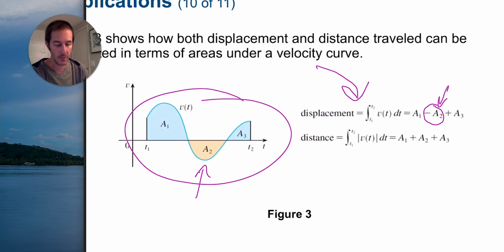But because it's below the x-axis, we have this subtraction sign. So A1, A2, and A3 are all in and of themselves positive numbers. It's a question of whether we're subtracting them, as we are with A2 right here, or if we're adding them, as we are with A3. And A1, you see, doesn't have a negative sign in front of it.